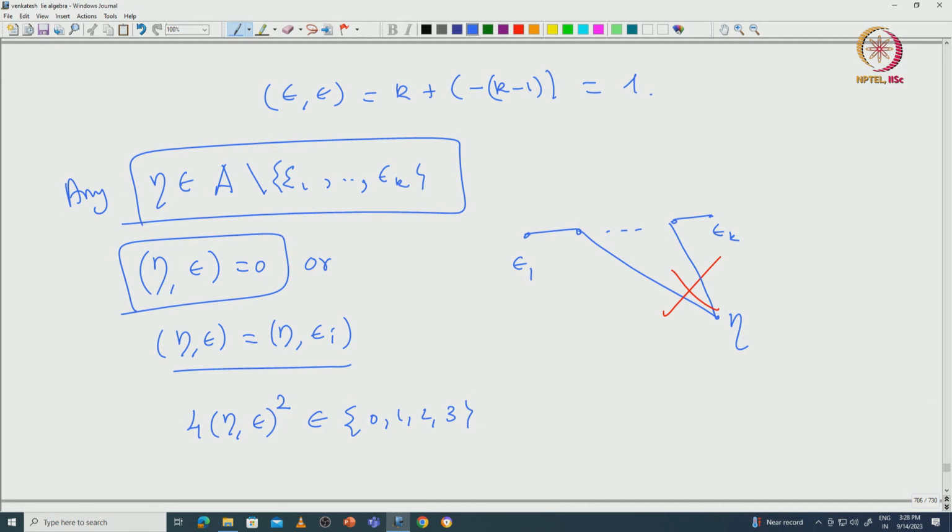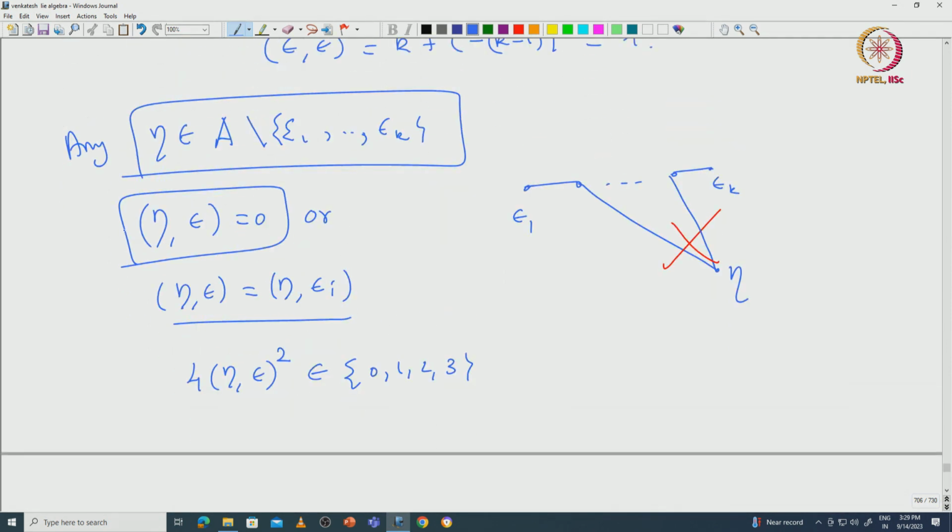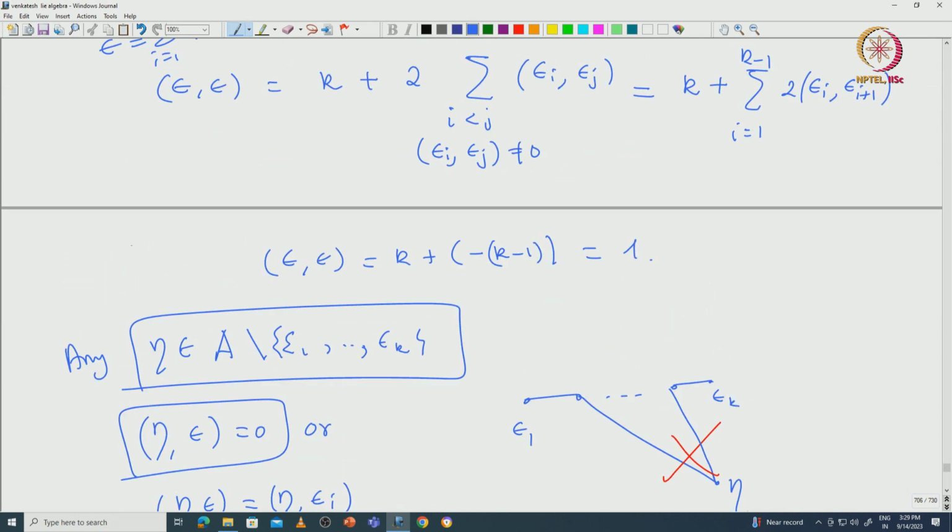In either case, when you shrink it, you get an edge from epsilon to eta. So, in the new graph you will have an edge if and only if you have an edge in the old graph. That way you can see that the graph of A of epsilon is obtained by shrinking the simple path to a point.